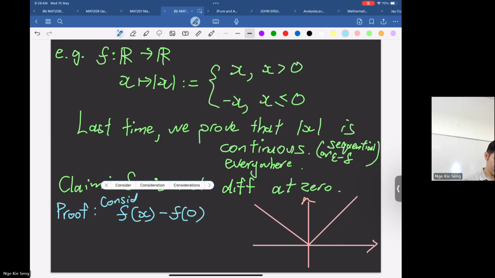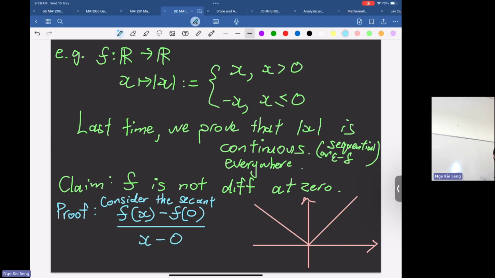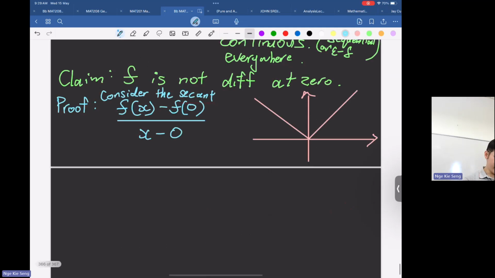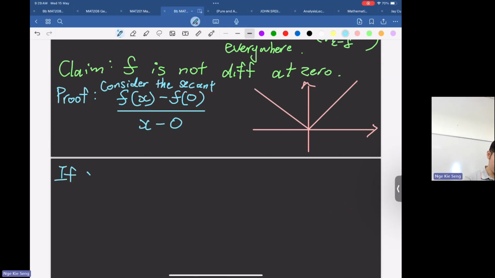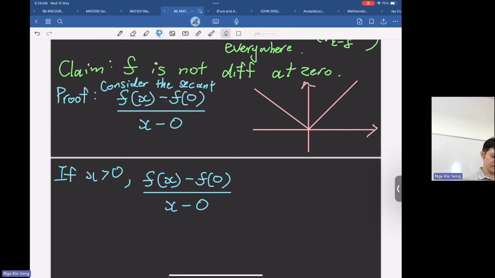Consider the secant, f(x) minus f(0) over x minus 0. Consider this guy. So if x is greater than 0, what happens? Then this guy is what?